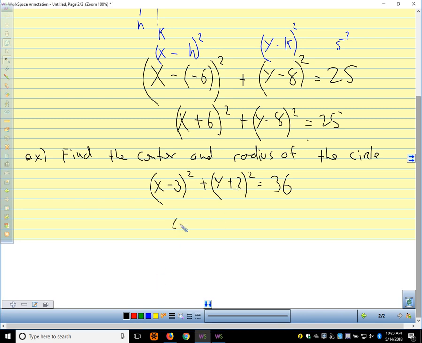So my center is going to be 3, negative 2. They change signs here. And the radius is the square root of 36, because this is r squared, so 6.